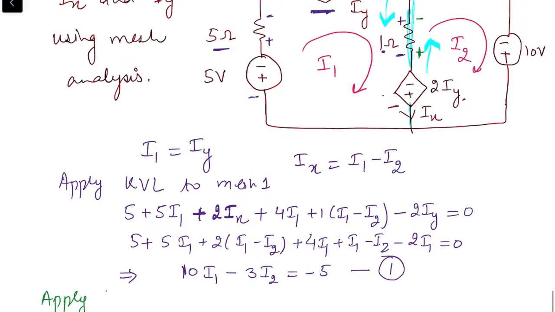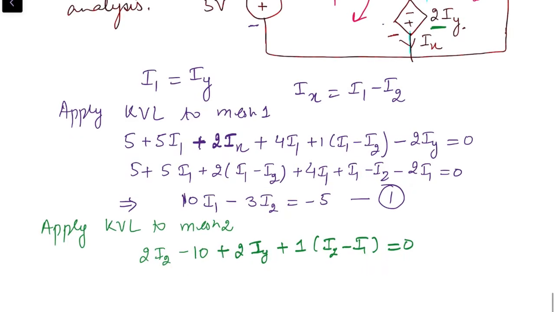by applying KVL to mesh 2, we will have 2 into I2, then we have 10 volt source, negative sign is coming first, minus 10. Then we have 2Iy source, positive sign is coming first, plus 2Iy. Then we have drop across 1 ohm resistance, plus 1 into I2 minus I1 equal to 0.